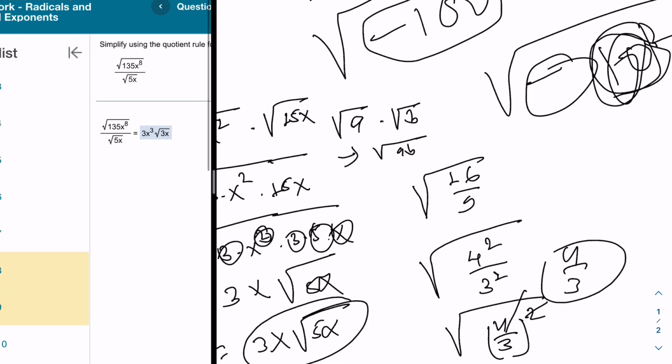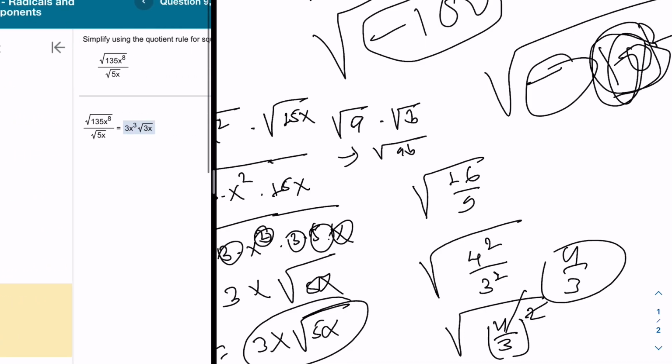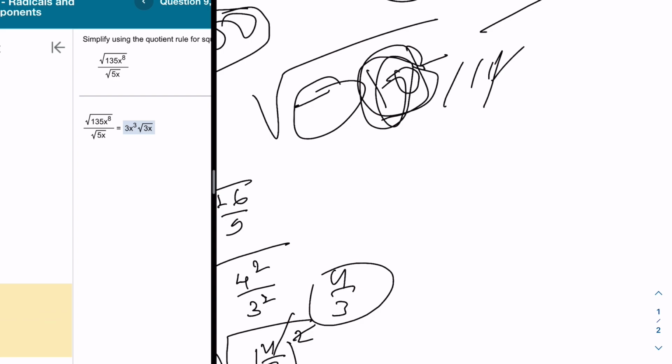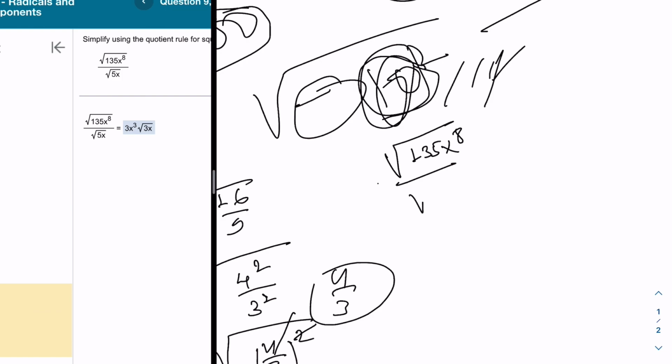Now we have question number 9. Question number 9 is pretty much the same thing. Root 135x^8 by root 5x. Let me grab the calculator. Calculator is really handy when you do this kind of problem. Okay, let's type 135.